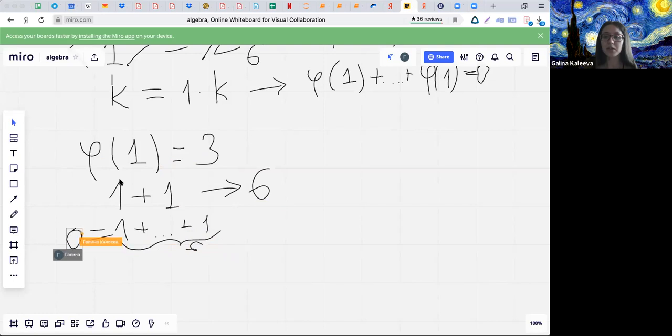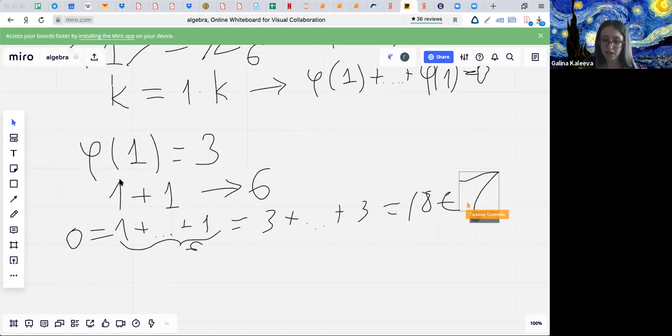But using the previous rule, we have to write down that it is 3 plus 3, 6 times, okay? And this equals 18 in our group of integers. And it's not 0.